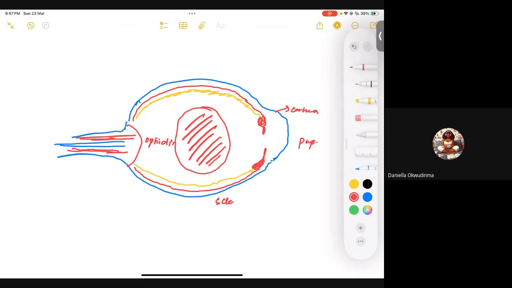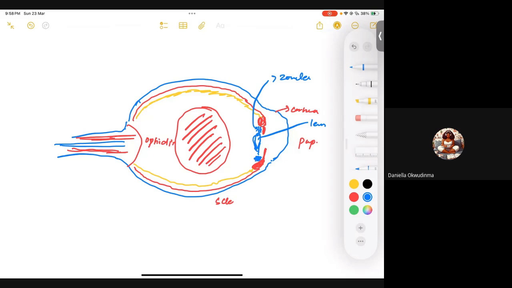And we have the lens as well, right? We have a thread-like structure, our suspensory ligament, through which our lens is attached. You guys already know that, right? Are you guys getting me? So you have our lens, and you have our zonules, which help in accommodation.